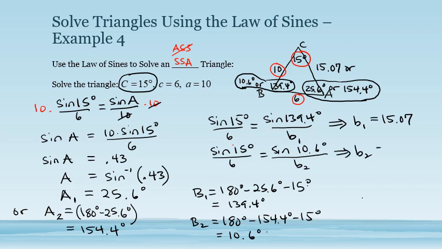And I'll let you do this one on your own as well. And I ended up with, looks like 4.25. Shouldn't surprise me that it's so small because the angle is so small.